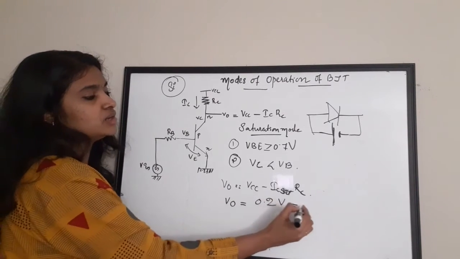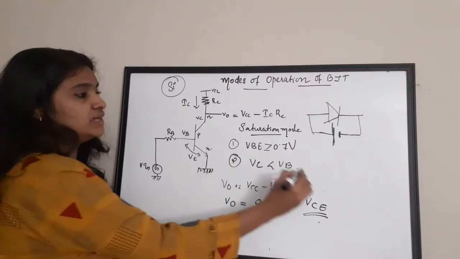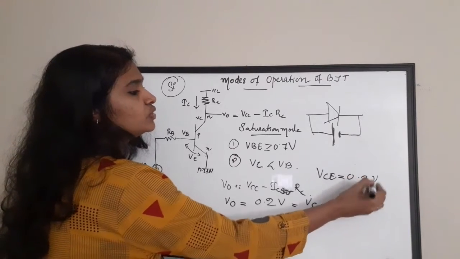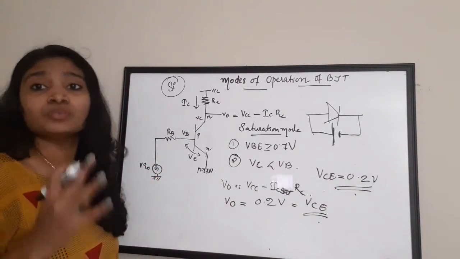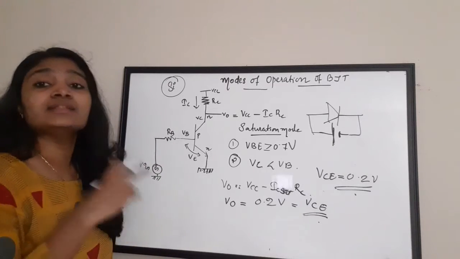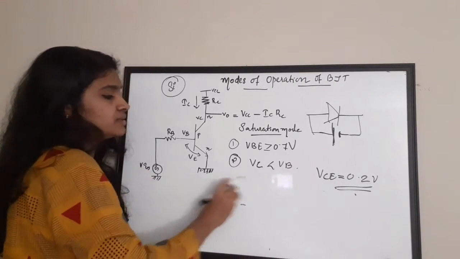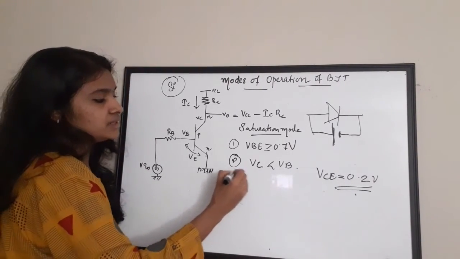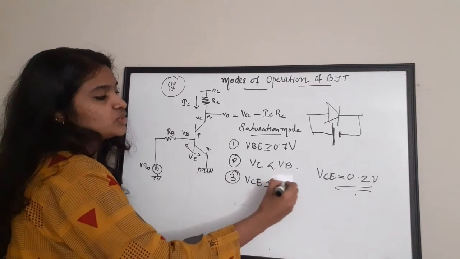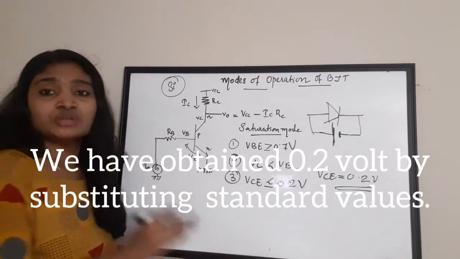So we can think of V out as VCE also. The value of VCE will be equal to 0.2 volt in saturation mode. That is another criterion, the third criterion: if VCE is less than or equal to 0.2 volt, then it is the saturation mode.